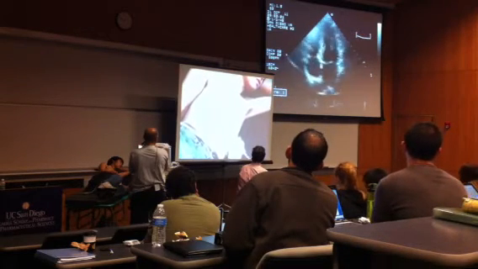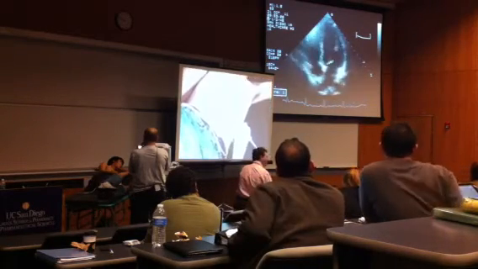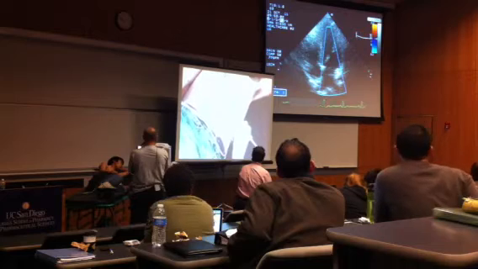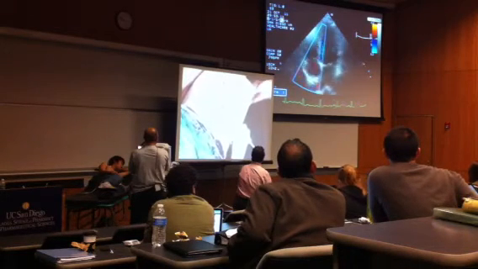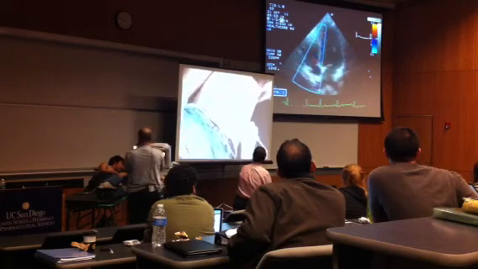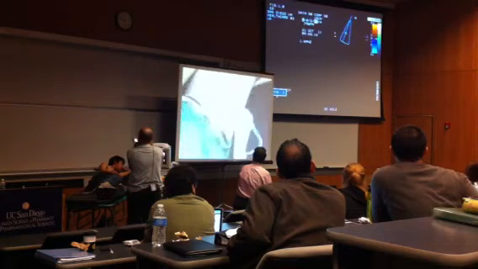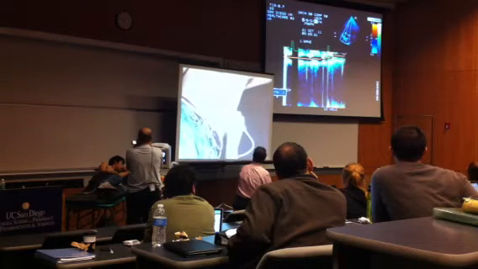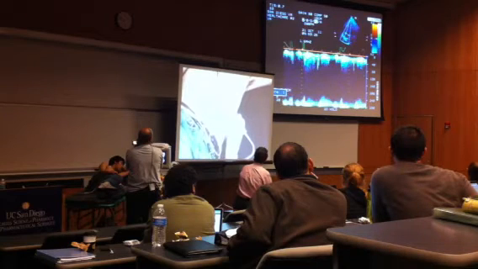You see our pictures are a little different, and as I mentioned to some of our volunteers yesterday, we can't predict whose pictures are perfect and whose pictures are not, nor does it mean your heart is abnormal. We're going to try and get our tricuspid velocity again. All right, we have some information.